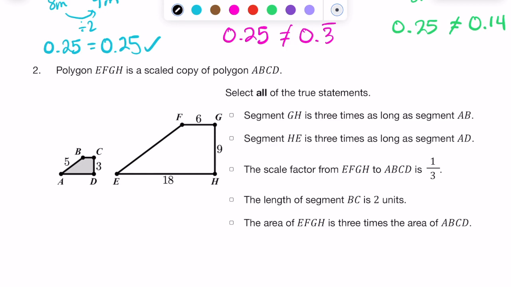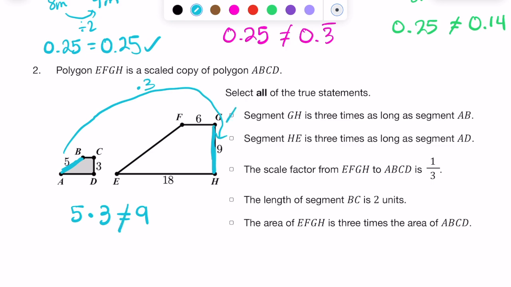Okay, so first I'm going to find those segments. GH is here, GH is 9 units. And then AB is here, and that's 5 units. If this were true, it would be like from 5 to 9, we'd be multiplying by 3. Is 5 times 3 equal to 9?